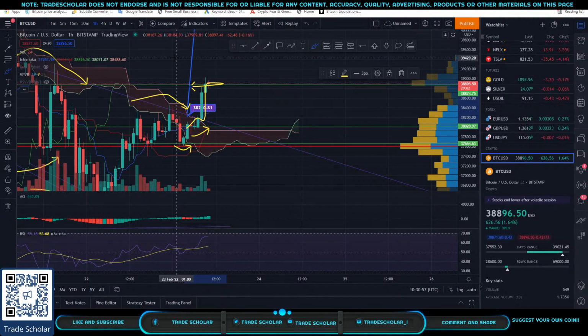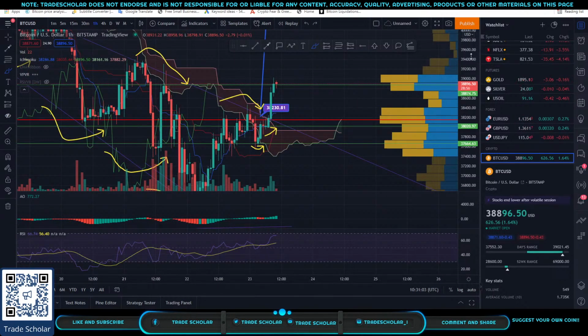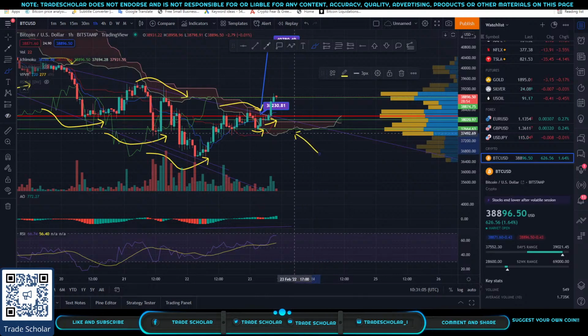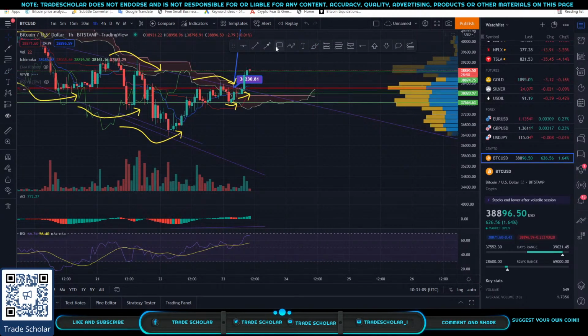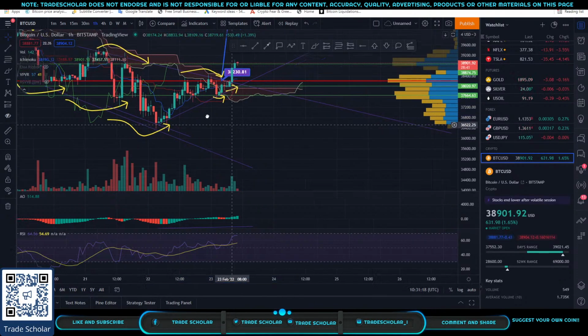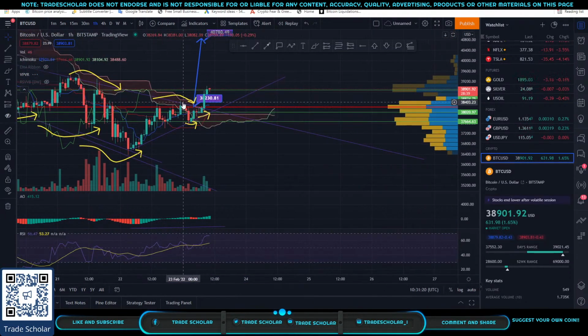So this is our Bitcoin right now in 4-hour time frame, and as you can see, we are looking at a breakout chart, and we are forming another uptrend right here. Let's try to draw some trend line here where we can find the next support. If this is the uptrend, then this is the new trend to the upside.